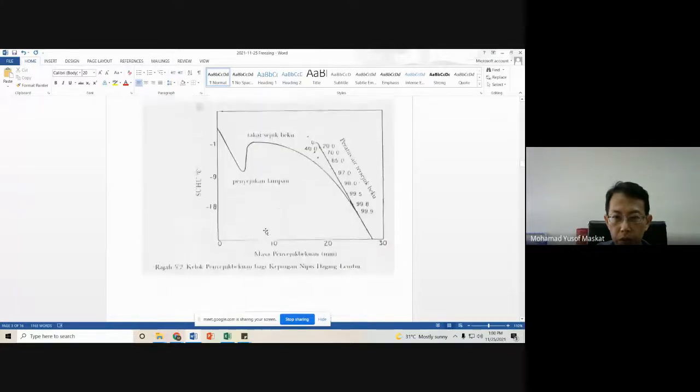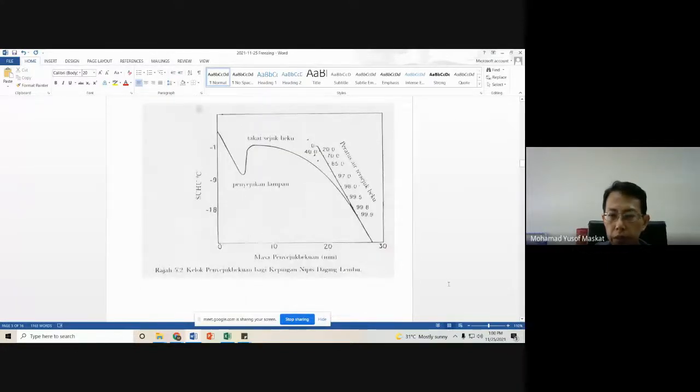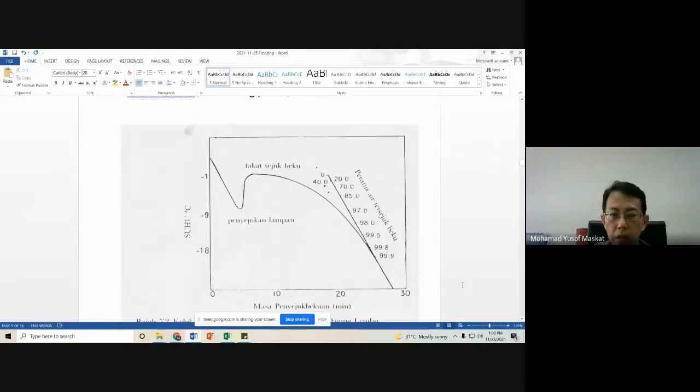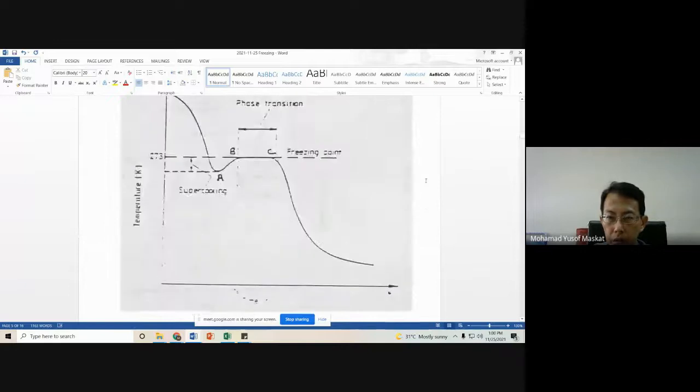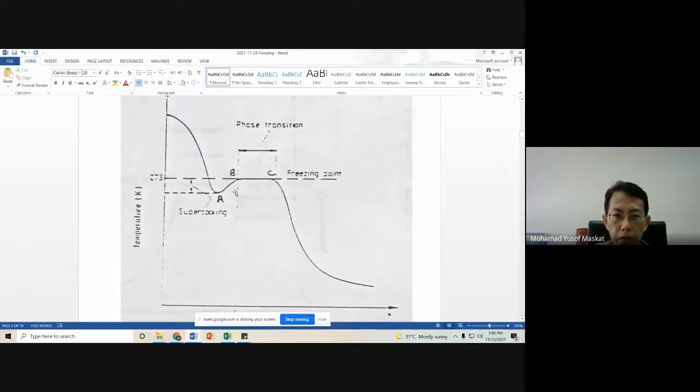it is like this. Why is it like this? Remember over here. The freezing point is this one, not this over here. So this is the freezing point.